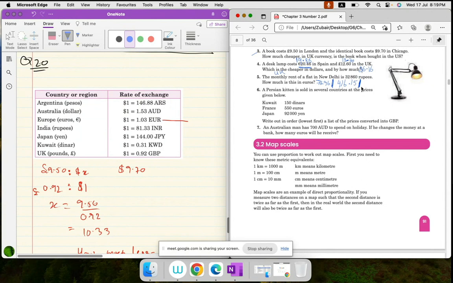Haris, see, this is 32,860 rupees, okay? And 81.33 Indian rupees equals $1. So hold your calculator, type this number 32860 divided by 81.33. What do you get on your screen? 404.03.